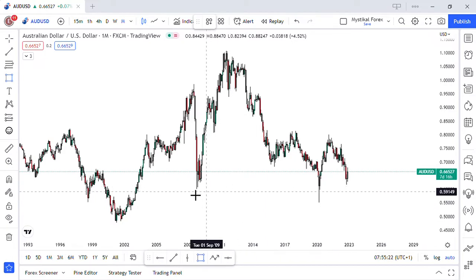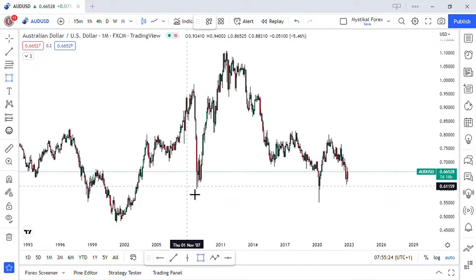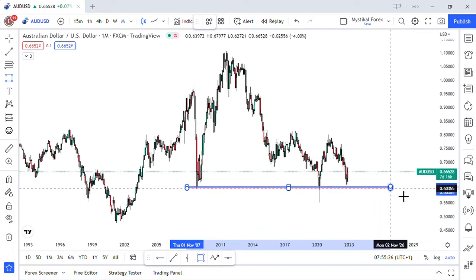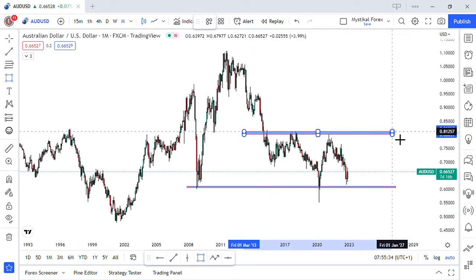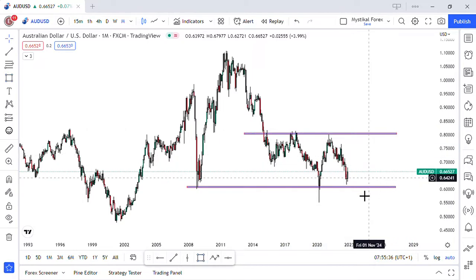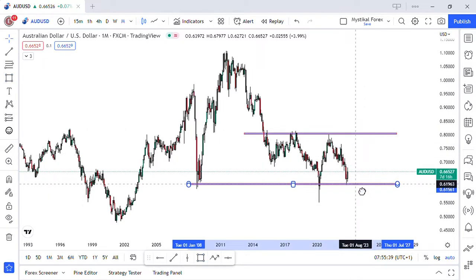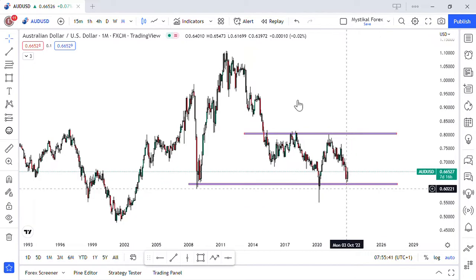Let's mark our lowest point, the current price. Let's go again and mark our highest point of the current price. There we go.